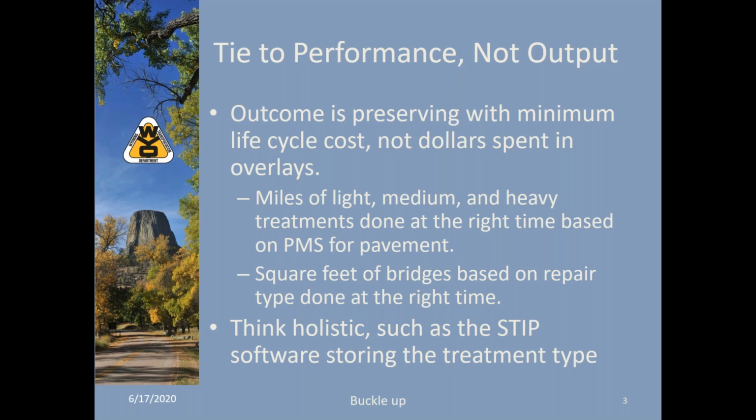That way we can slice and dice, if you want to call it that way, different queries. How are we doing? Are we achieving the targets, even in a plan such as a STIP? It's a plan. And are we achieving the targets? Are we getting our roads better into a more best case scenario, optimum performance?